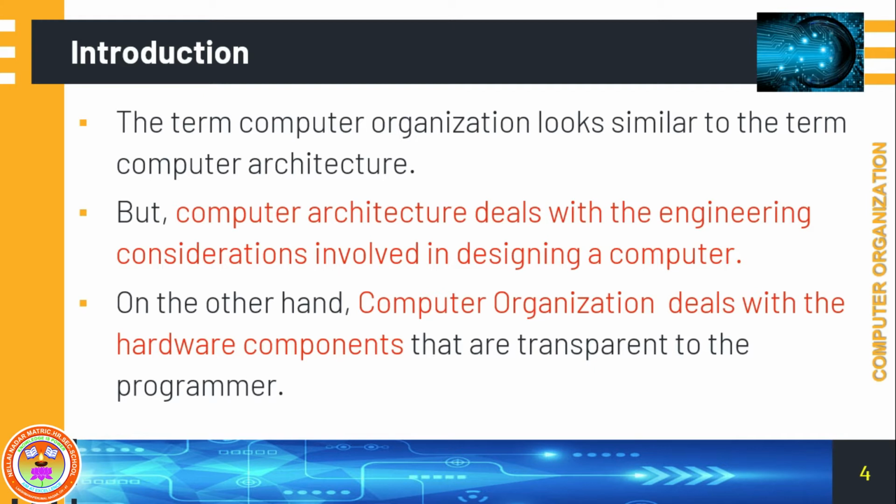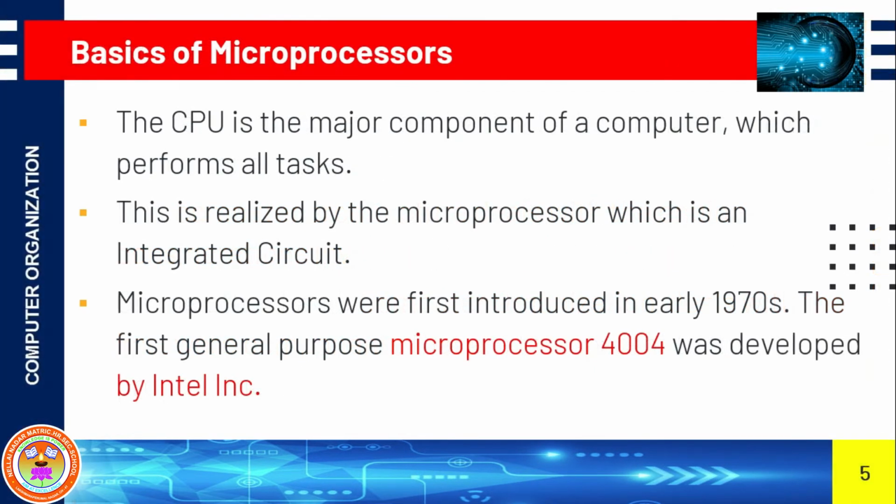We'll see the first topic, 3.2, basics of microprocessor. What are the basic details about the microprocessor? What does it do in a computer, and how was it created or invented? We are going to discuss that.